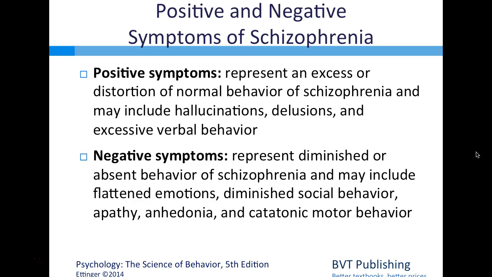Okay, so positive symptoms, think of hallucinating, hearing things, all of those kinds of things, delusions, okay, and negative, think of just really shut down, catatonic, flat affect, apathy, okay?